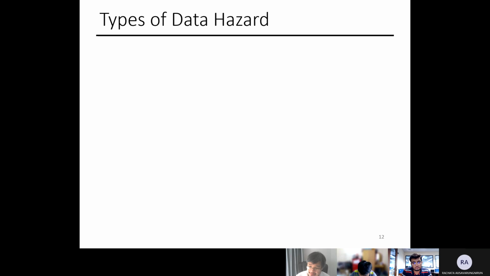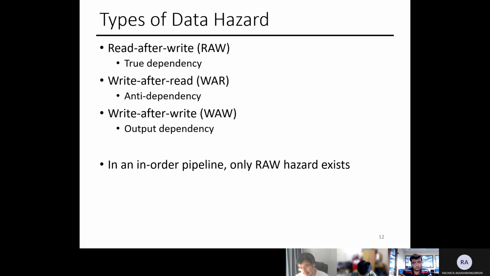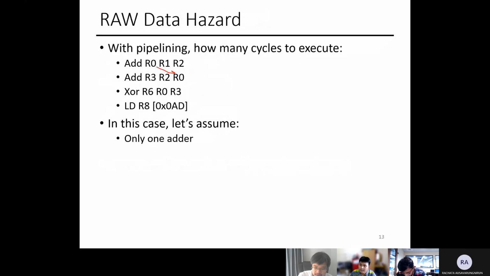And we talk about the types of data hazard: read after write, write after read, and write after write. Basically, dealing with the read after write hazard, with pipelining, you can have data hazards for code like this, where you have data dependency.